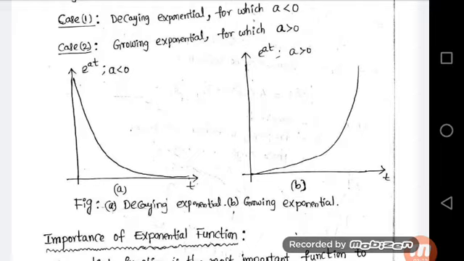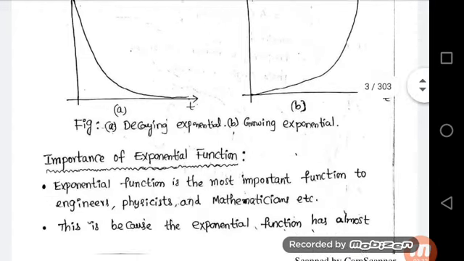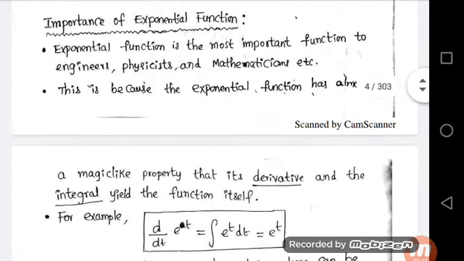And in the second condition, a greater than 0, the wave is growing gradually from lower to higher states. So this is the behavior of the signals with the help of the two conditions, a less than or equal to 0 and a greater than or equal to 0.